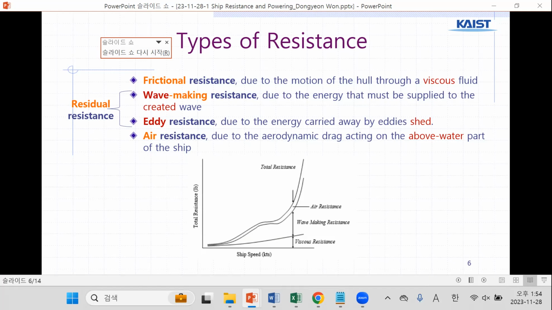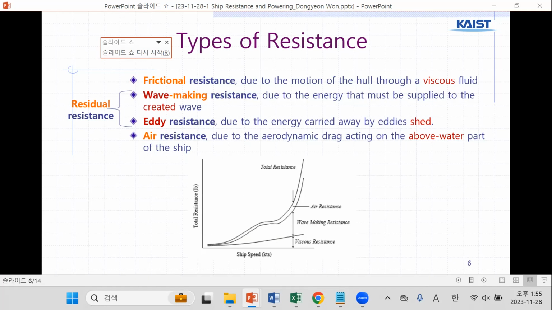But the term is coming from, once again, when they started to measure by towing tank experiment. Frictional resistance can be measured by using a flat surface calculation or experiment. The same area of wetted surface of the ship has the same frictional resistance.